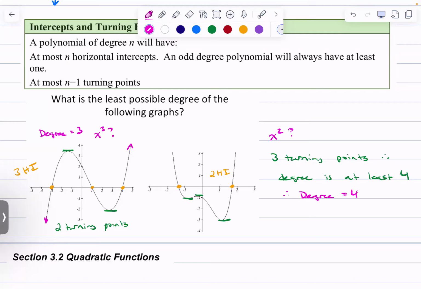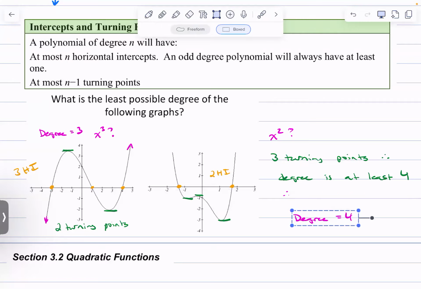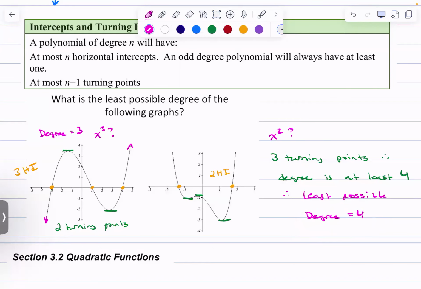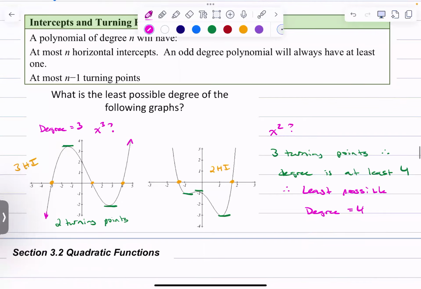The lowest possible degree is what I should say here. Least possible degree is 4.